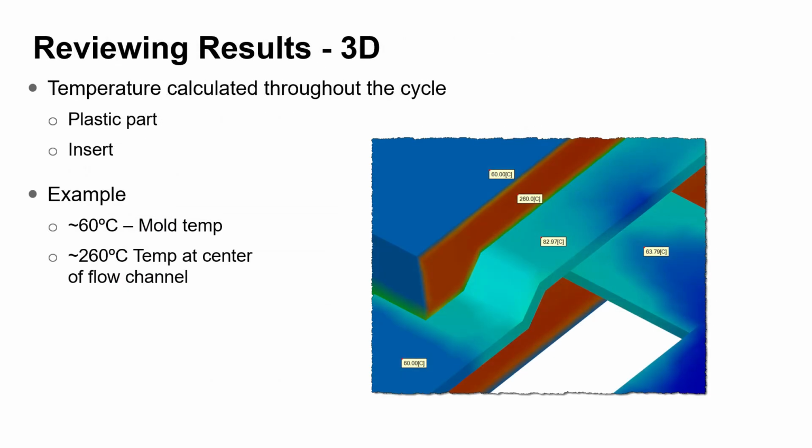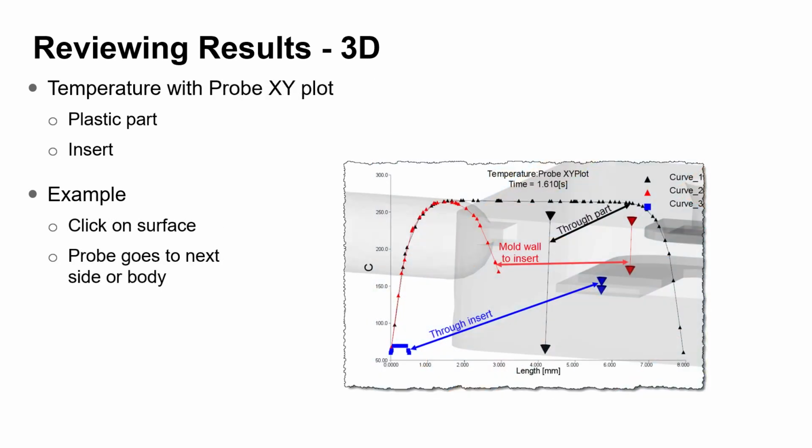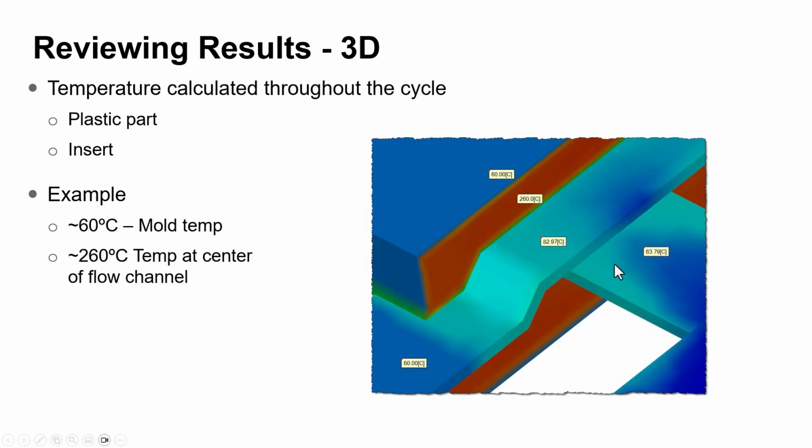So, reviewing the results for the 3D mesh, you can review throughout the cycle the plastic part temperature, and of course the insert temperature as well, how it has been varying across the cycle. For example, the mold temperature is 60, and the temperature at the center of the flow channel would be like 260 in this case. That's what is being shown. And of course we have shown the insert temperature as well.